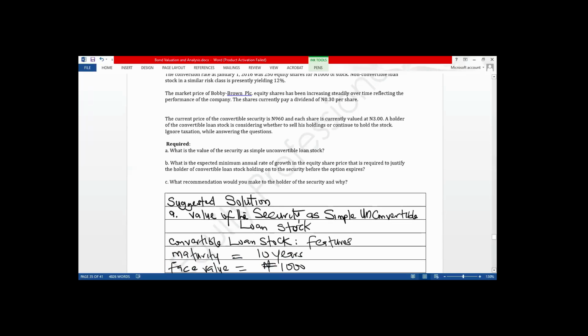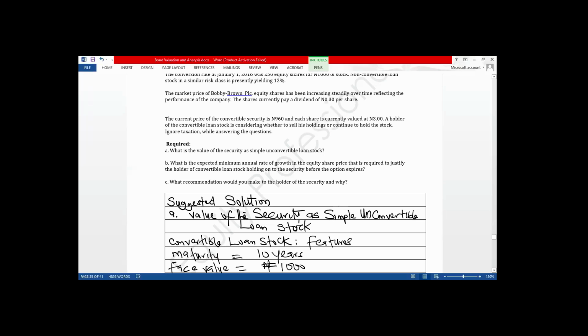But if the growth rate is below 15%, then alternative 2 makes no meaning.